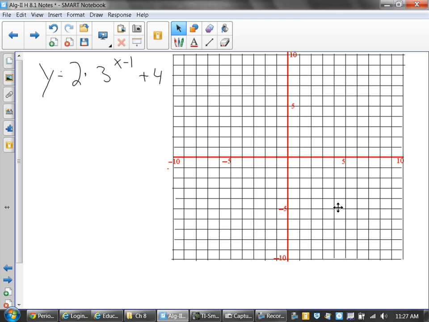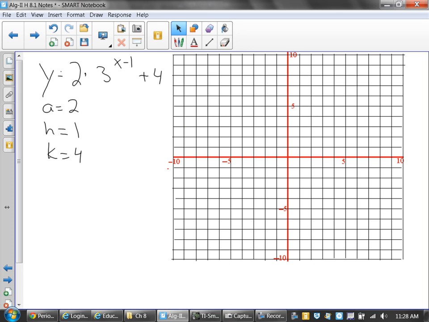I'd like to start doing that again here, just because it'll help us get accustomed to everything. So in this example, what's your value of A? 2. What's H? 1. And what's K? 4. Remember, those same rules apply when you have the opposite of H and then the same value of K. So that gives me my values of A, H, and K.